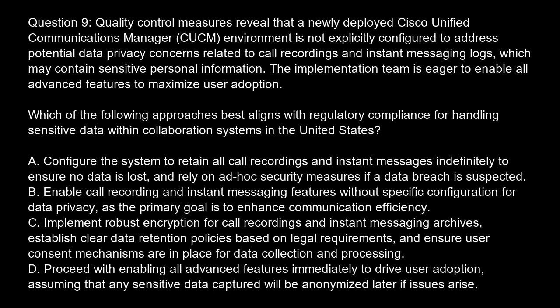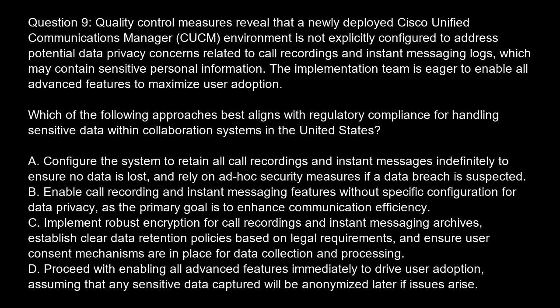Option A. Configure the system to retain all call recordings and instant messages indefinitely to ensure no data is lost, and rely on ad hoc security measures if a data breach is suspected. Option B. Enable call recording and instant messaging features without specific configuration for data privacy, as the primary goal is to enhance communication efficiency.